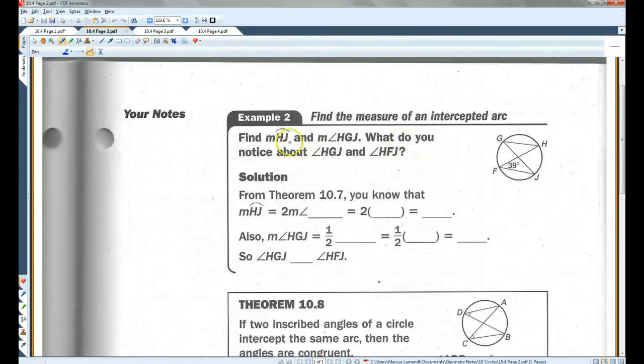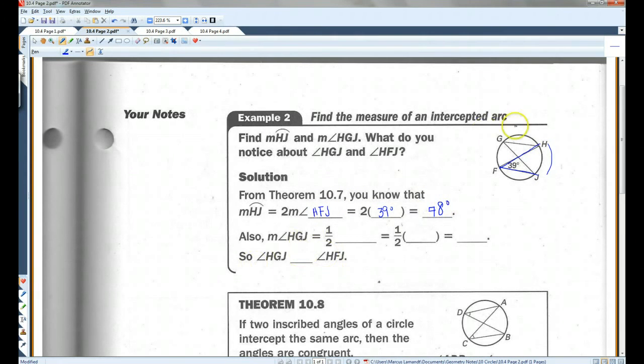Alright, let's go on to page 2. Find the measure of arc HJ and the measure of angle HGJ. What do you notice about these two angles? Okay, so from theorem 10.7, you know that arc HJ, that's this arc here, is going to be twice the measure of this angle, HFJ. HFJ is 39 degrees. 2 times 39 degrees is 78.